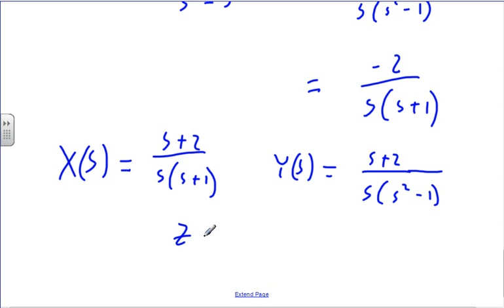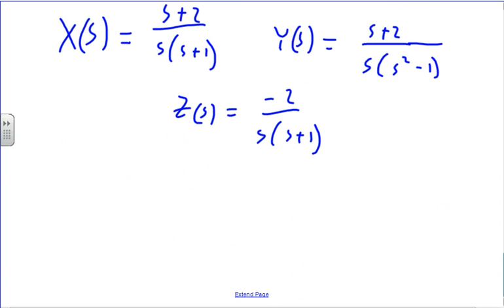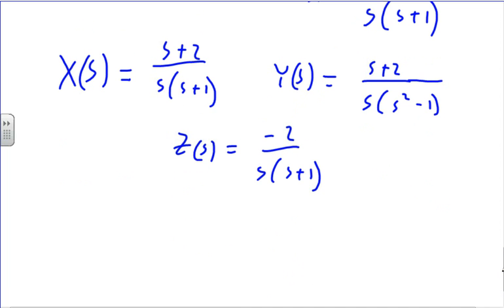And z of s is minus 2 over s plus 1. Okay, so now we're looking at our Laplace transform tables, and I've got an s plus 1, and do I have an s plus something, s plus 1 on the bottom?